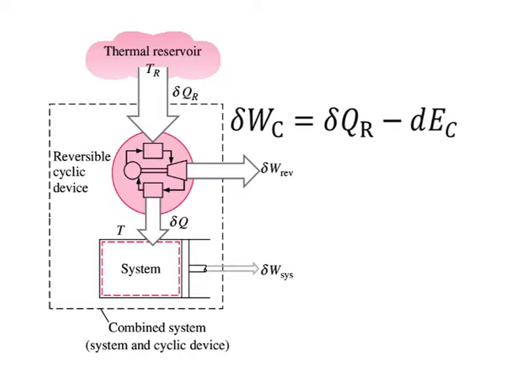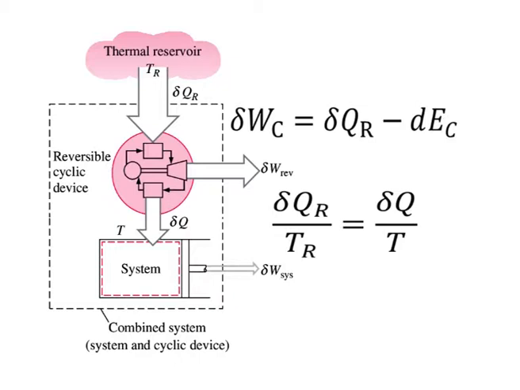Considering that the cyclic device is a reversible one, we have delta Q_R divided by T_R is equal to delta Q upon T. Here the sign of delta Q is defined with respect to the system, positive if to the system and negative if from the system, and the sign of delta Q_R is determined with respect to the reversible cyclic device.